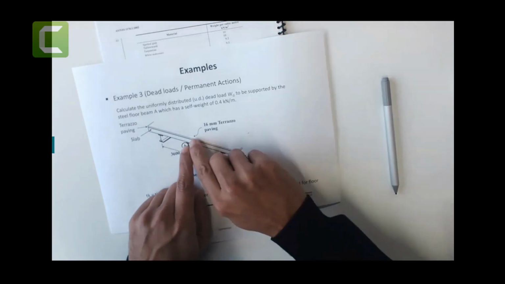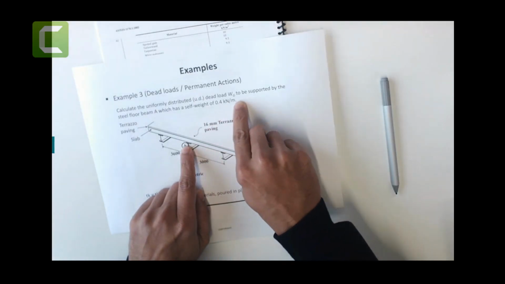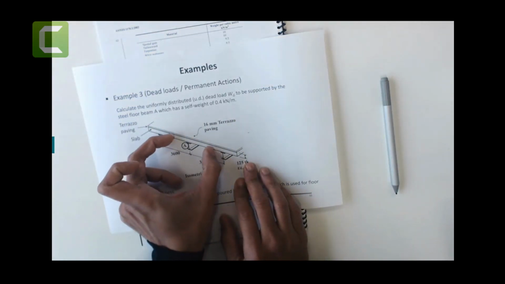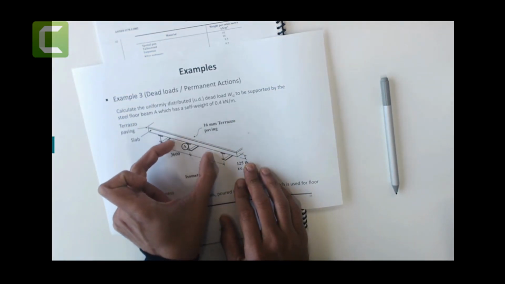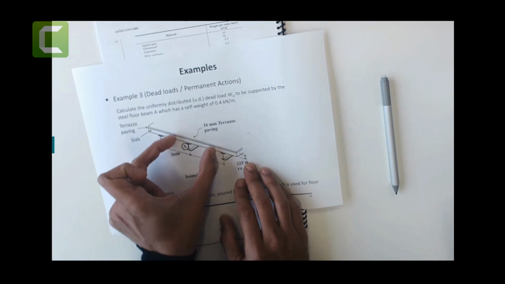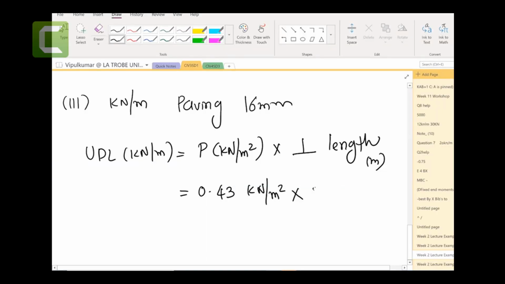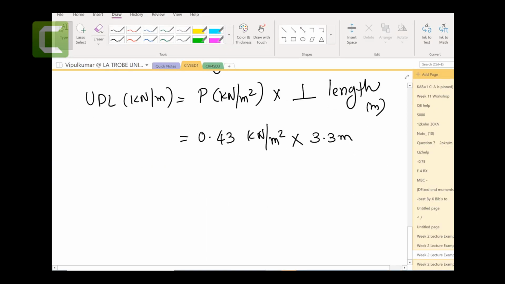This paving is going to apply the UDL load along this direction. So the perpendicular length becomes this one. And for that terracotta paving, again, 3300 millimeters, that's the length that it's going to carry by this beam. So 3.3 meters. So 0.43 times 3.3 meters, you get 1.42 kilonewton per meter. That is number 3.